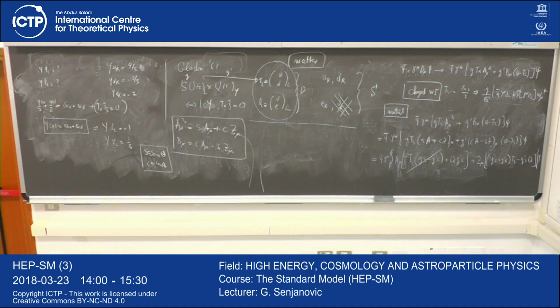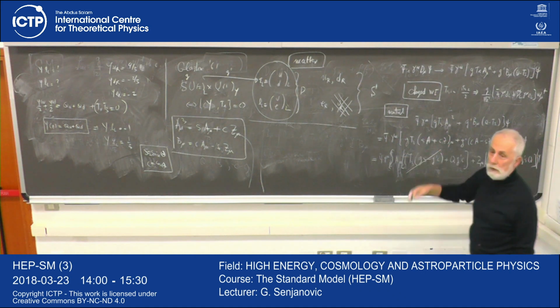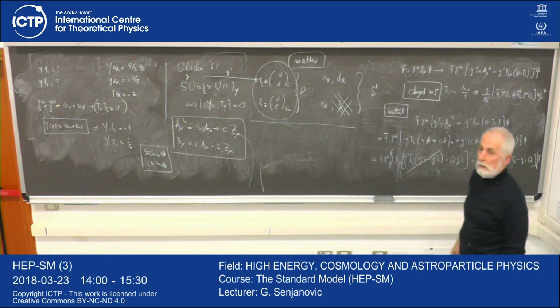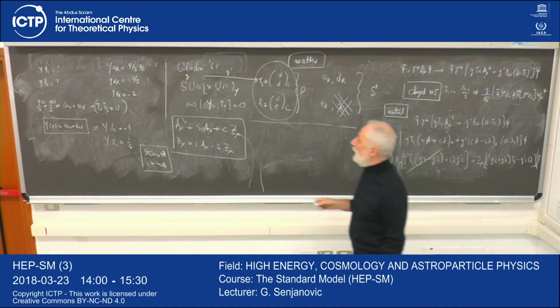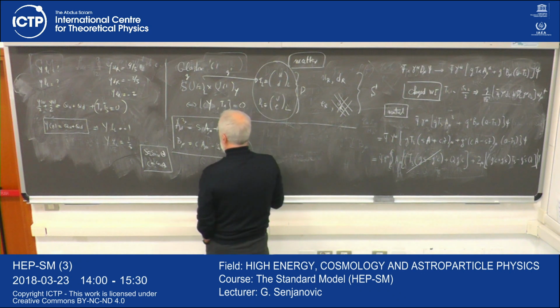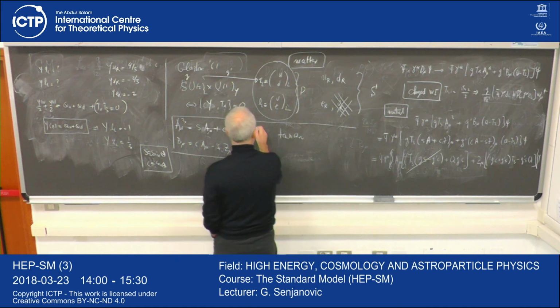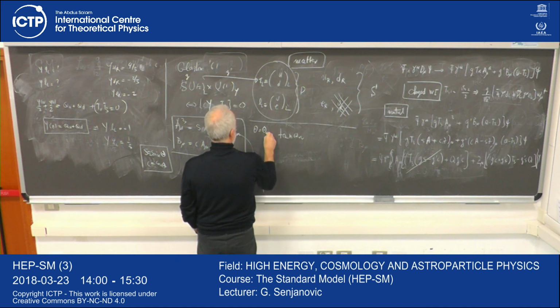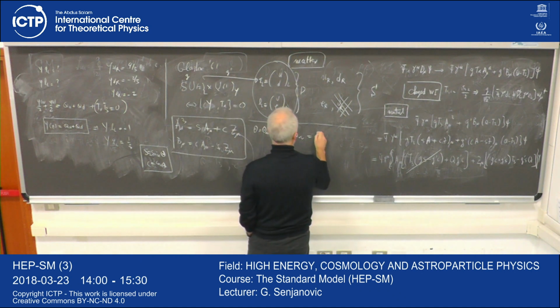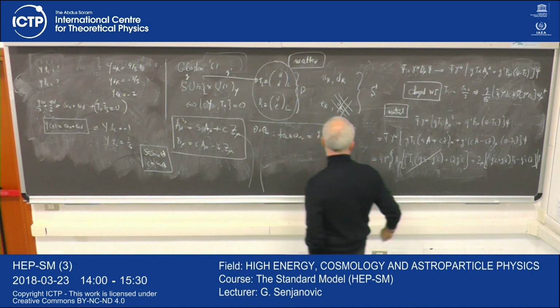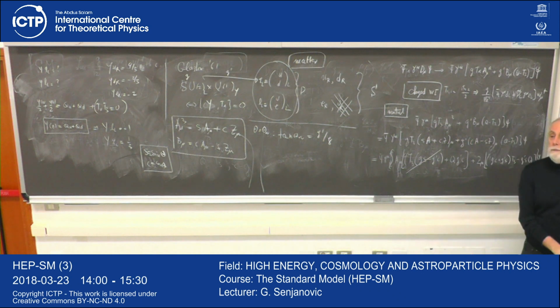Photon does not couple to P3. If it did, then a neutrino would carry charge. So I predicted something which is called the weak mixing angle, theta W, where tangent theta W is g prime over g. Right?